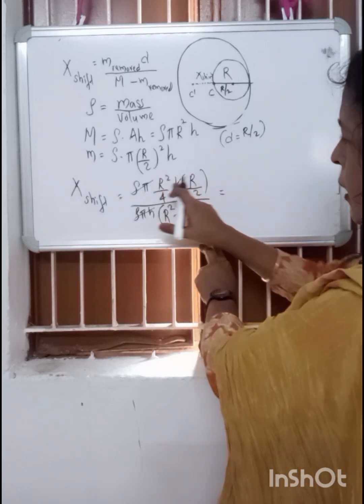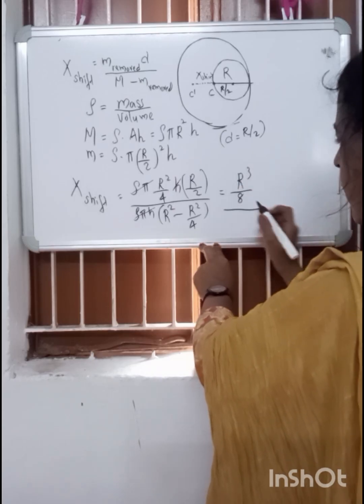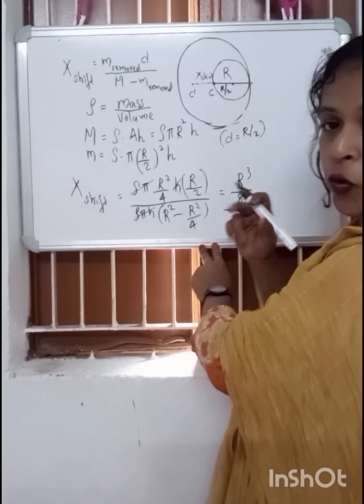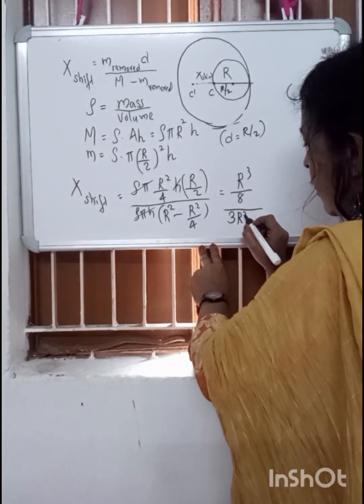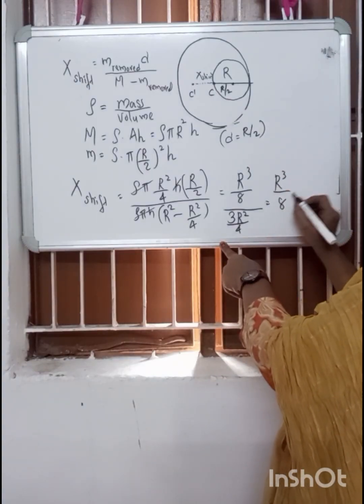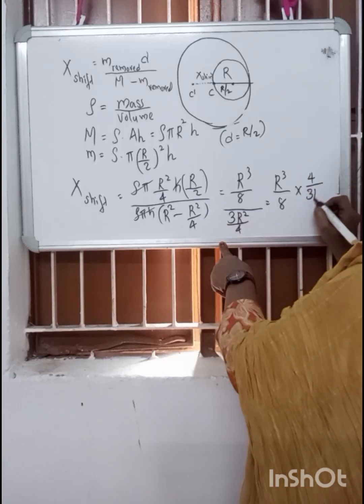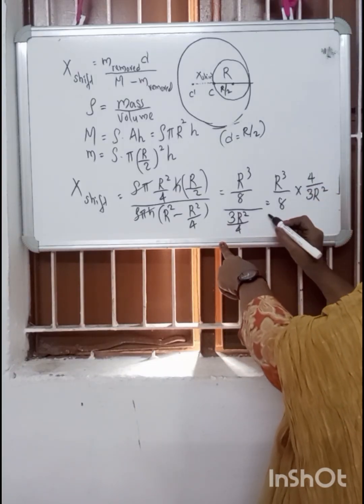So we can cancel the rho pi h. Here r cube by 8 divided by r square minus r square by 4, which means 3 r square by 4. We can write this as r cube by 8 into 4 by 3 r square. So the 2 and 4 cancel each other.